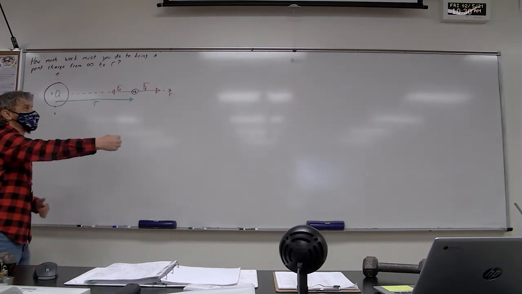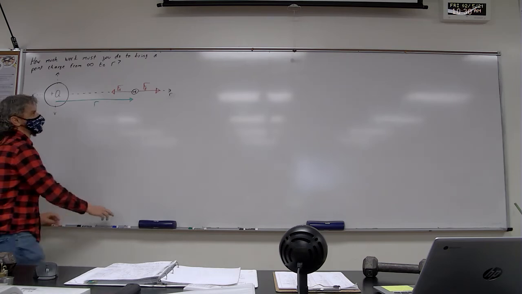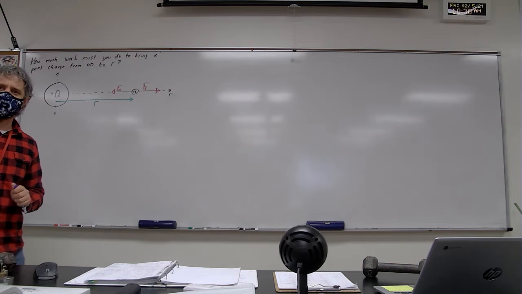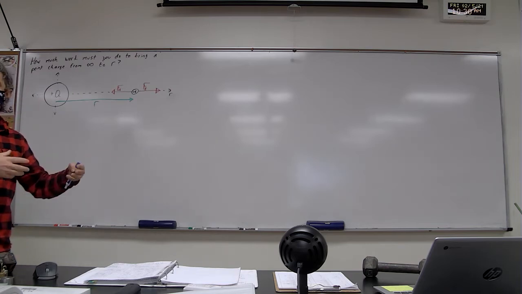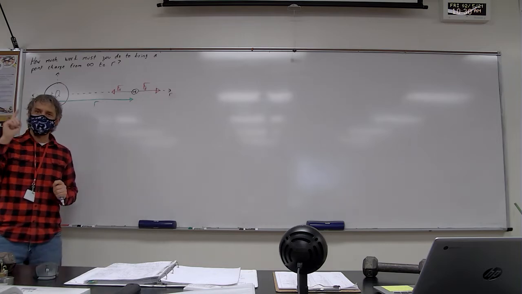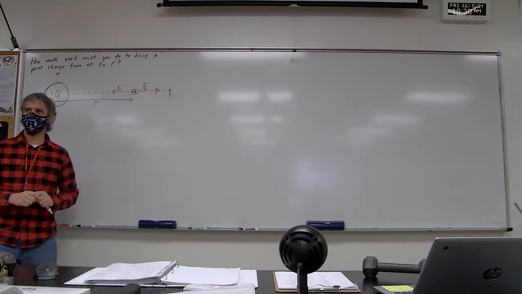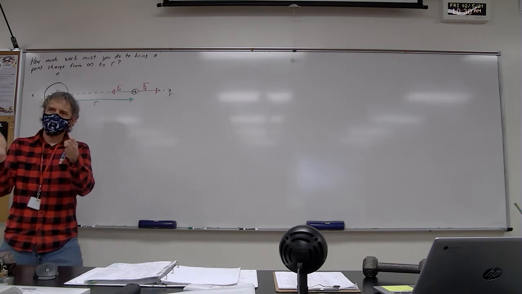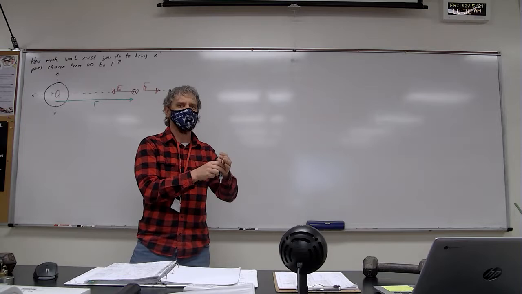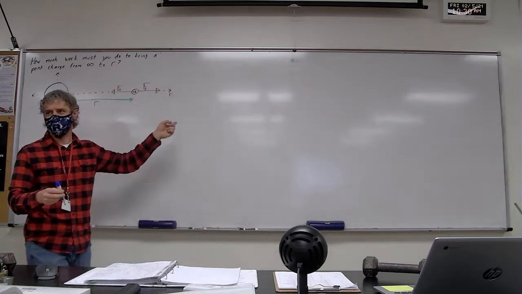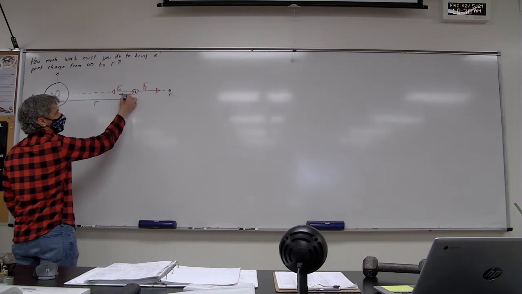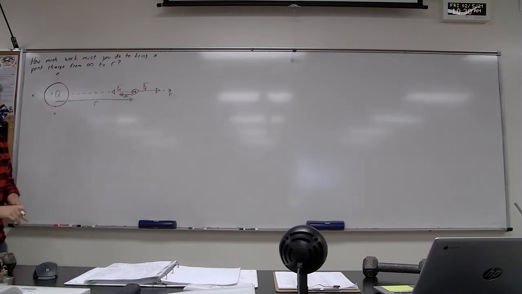Now, as we bring that charge in, we can calculate the work by doing the dot product of the force and the displacement. From a calculus standpoint, we add up all of the works done as the force moves the charge through each infinitesimally small displacement dr from infinity to this location.